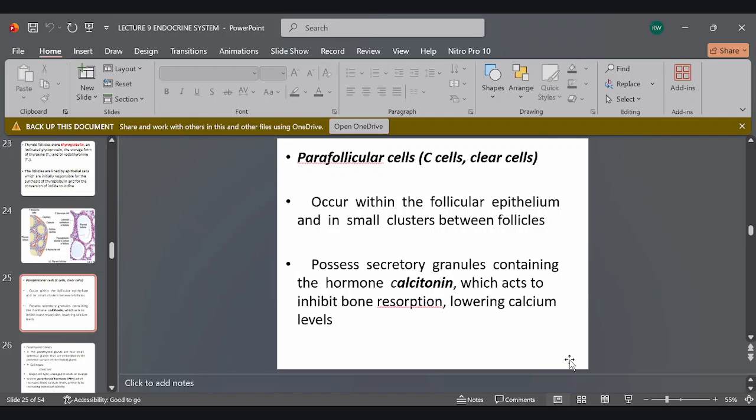What's the function of calcium in your body? What's the function of calcium? Anybody? Muscle contraction. Yes? Muscle contraction. Another.